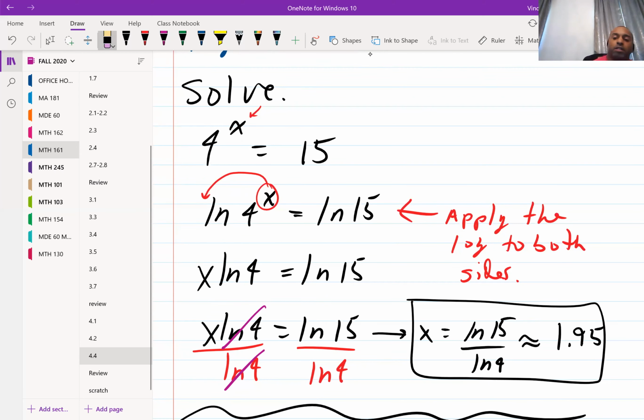And if you want to approximate, MyMathLab will let you know what answer they want. And make sure you pay attention. If they want 3 decimal places, make sure you give them the 3 decimal places and all the good stuff like that. Or if they want exact, then you would just write the answer like that. Natural log of 15 over natural log of 4. All right.